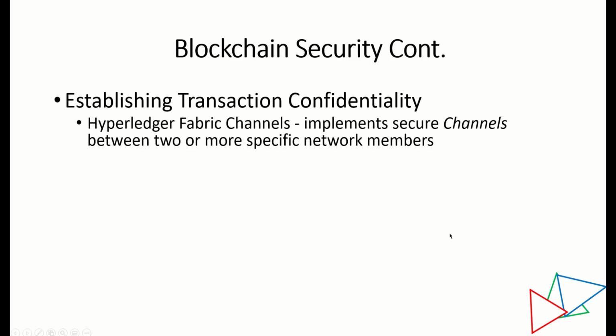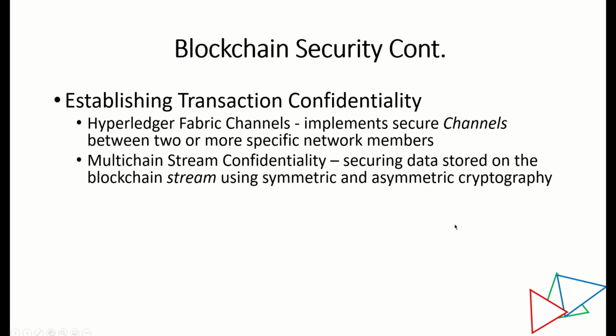When we compare that system to the other one, which is the MultiChain platform, they have created what they call MultiChain stream confidentiality. The basic principle here is they secure data that's stored on the blockchain streams, as they call them, using symmetric and asymmetric cryptography.